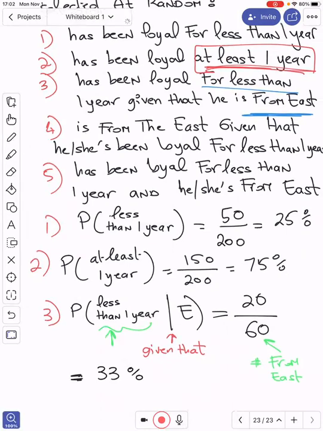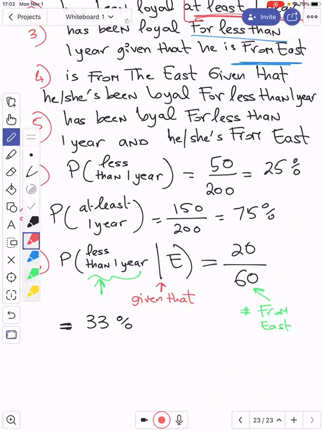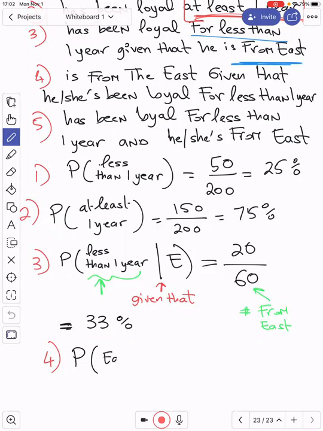Number 4. So this is the probability that the customer is from the East, given that he or she has been loyal for less than 1 year. So from the East, given that he or she has been loyal less than 1 year.